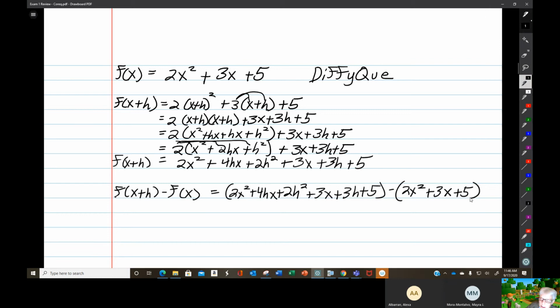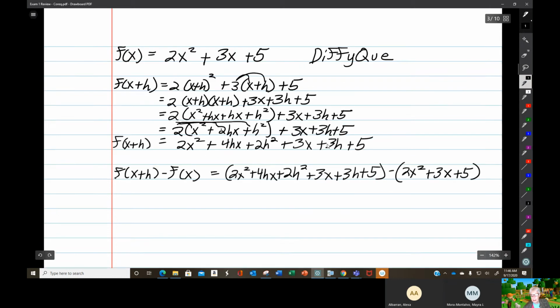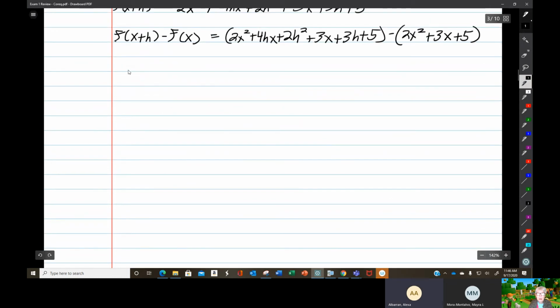And so what that's going to do for me, I'm going to start a little more over to the left to have more room. 2x squared plus 4hx plus 2h squared plus 3x plus 3h plus 5 minus 2x squared minus 3x minus 5.